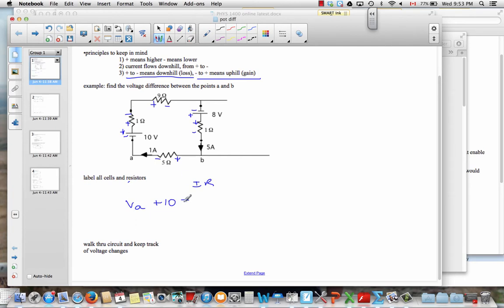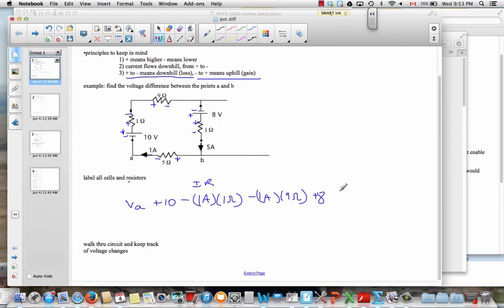Now the current, as we said previously, will be 1 amp, and the resistance there is 1 ohm. Then there's another drop, now 1 amp times 9 ohms. Then proceeding still towards the point B, here we have a gain of 8 volts, going from minus to plus, that's going uphill.